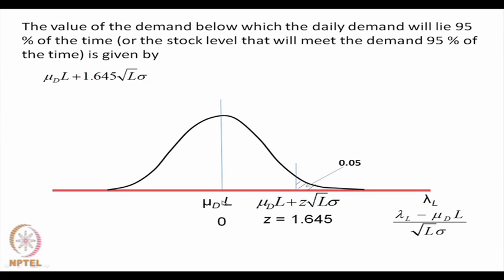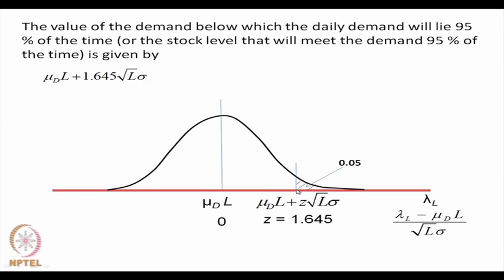Such a distribution, whose mean is this and the variance is this, lambda L can be standardized by a standard normal random variable, which is lambda L minus the mean divided by the standard deviation, which is root over L sigma. Such a standard normal random variable has a mean 0 and a variance 1.